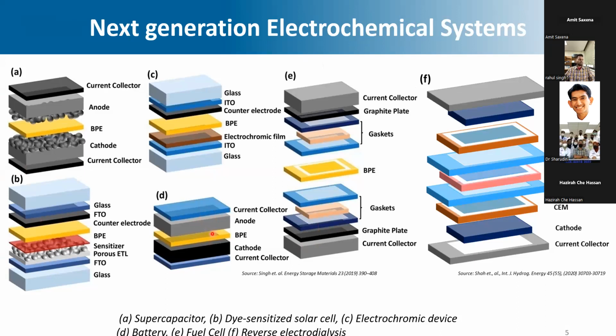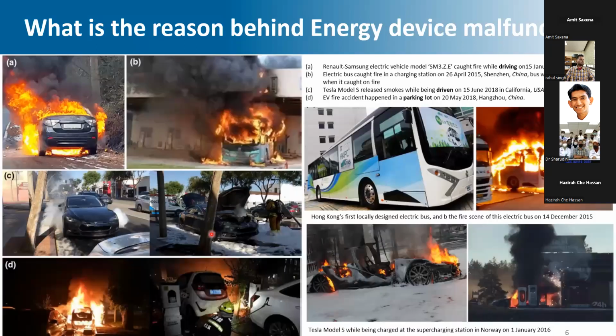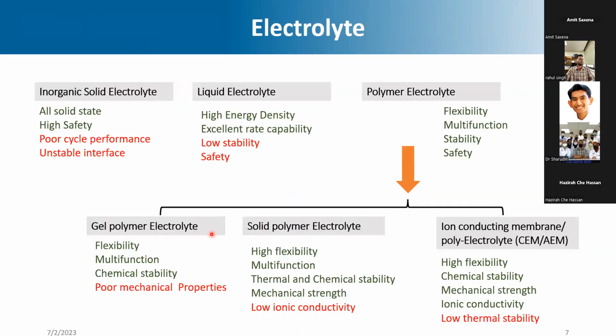This can be avoided if we make a strong, stable, high conducting membrane. At present, most of these highly efficient systems use some liquid electrolyte or solid oxide material. The next slide talks about the different types of electrolyte.